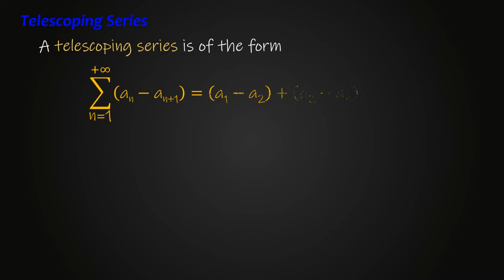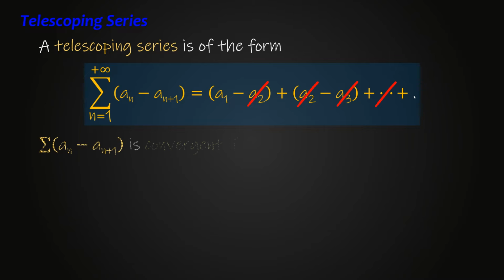Telescoping series. A telescoping series is of the form the summation of the nth term minus the next term, from n equals 1 to positive infinity. The terms get cancelled eventually by terms down the series.